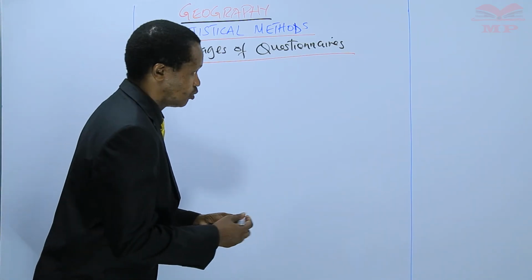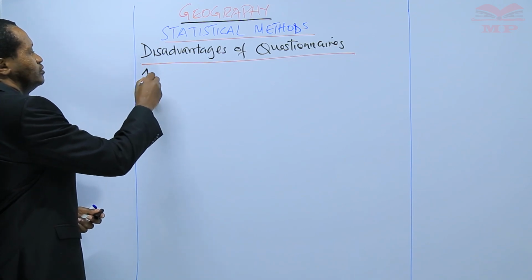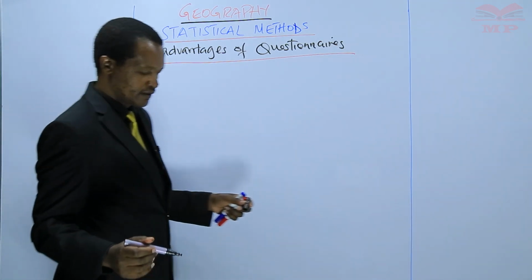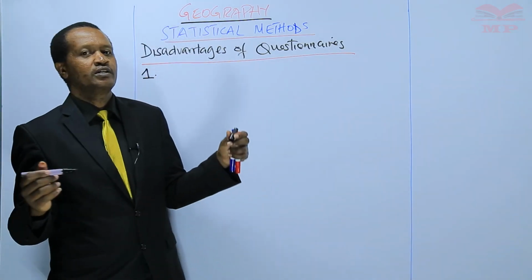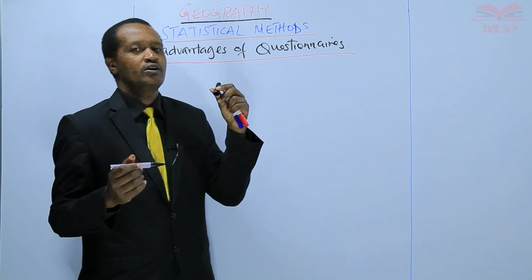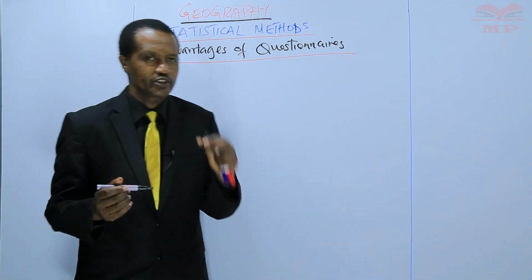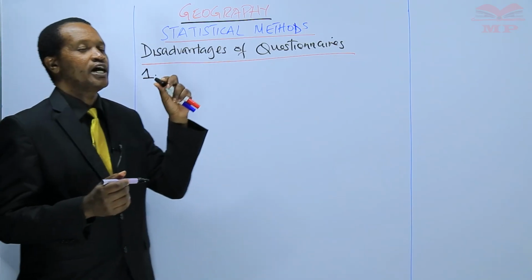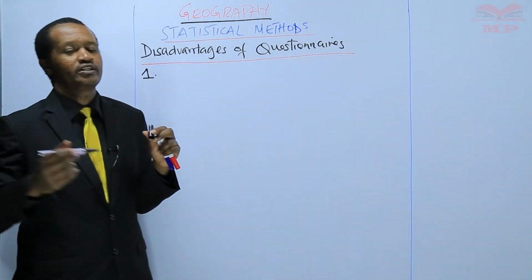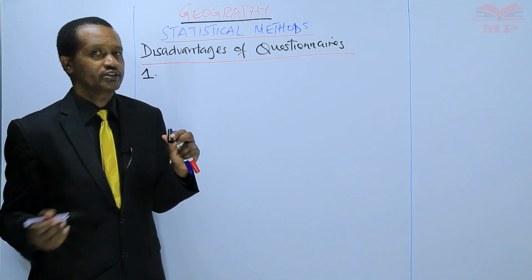Disadvantage number one. The first disadvantage is that costs of collecting data using questionnaires is higher compared to other methods.